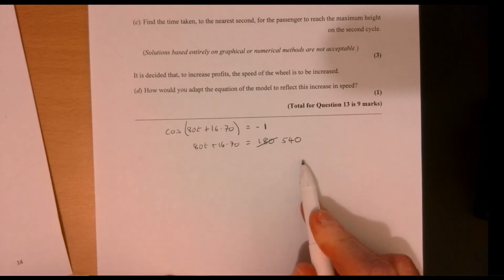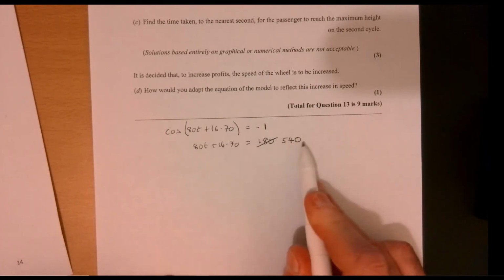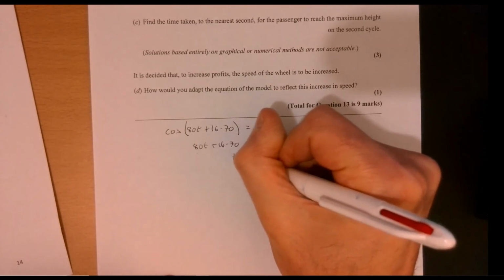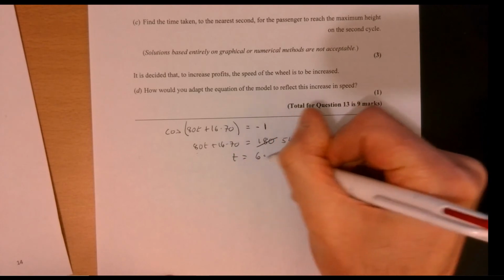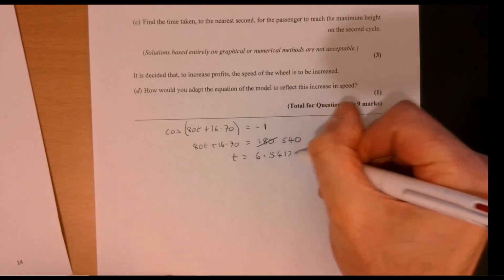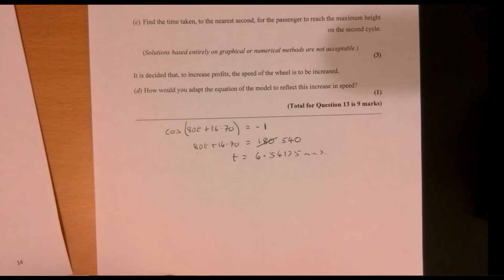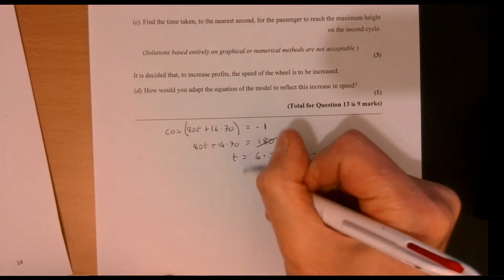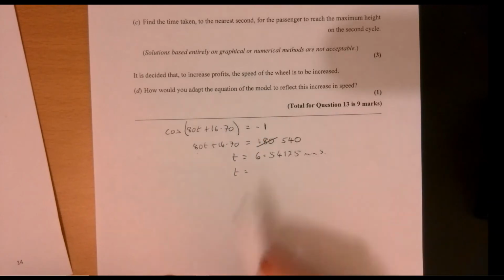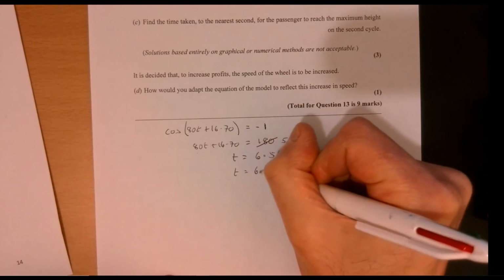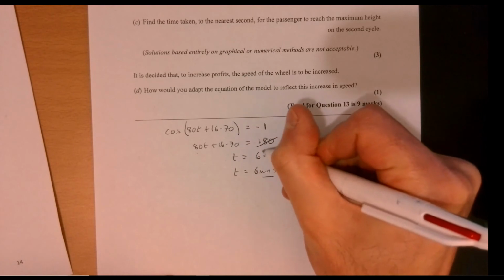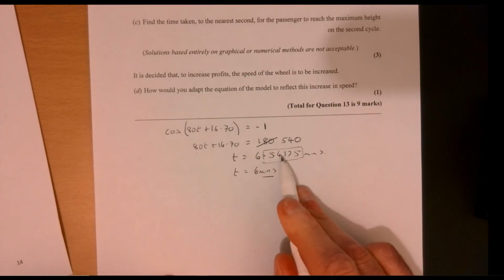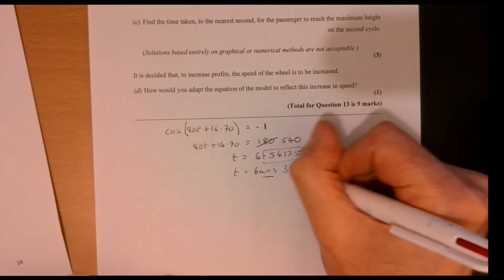Now if we solve this, take away 16.7, divide by 80, that's going to give me t equals 6.54125 minutes. And the question does say to the nearest second. So how I do this is I know it's 6 minutes, and then I just take this part here. I take away 6, and I multiply it by 60. And then that gives me 32 seconds.